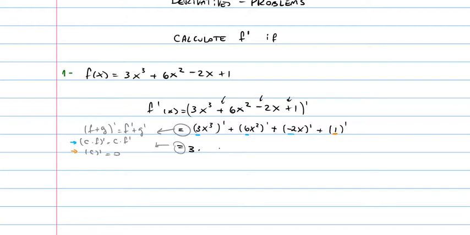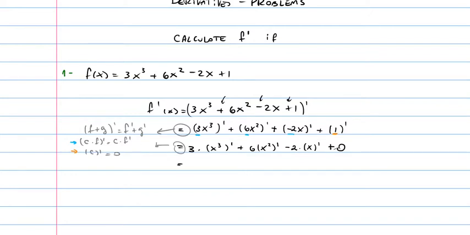So then this is just 3 times the derivative of x to the power 3 plus 6 times the derivative of x squared minus 2 times the derivative of x, and instead of plus 1 we just plus 0 because of the second property.